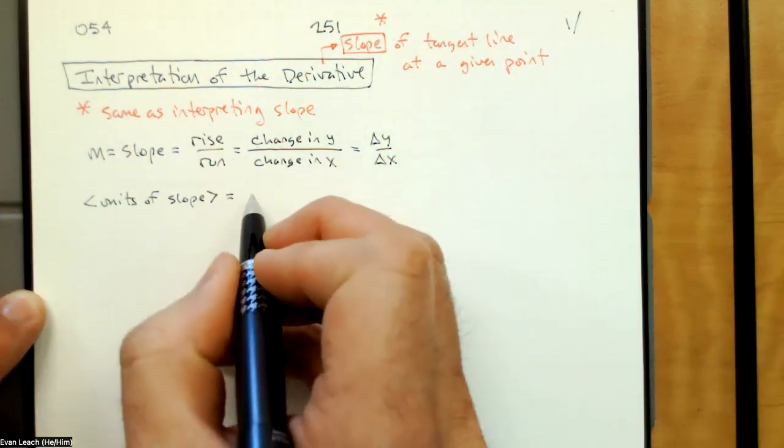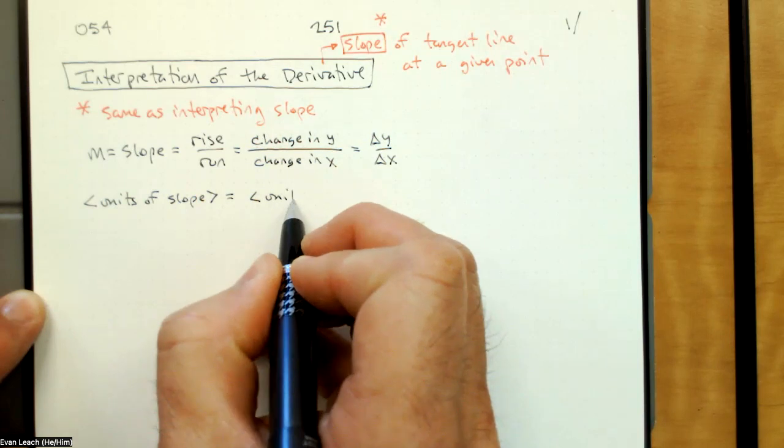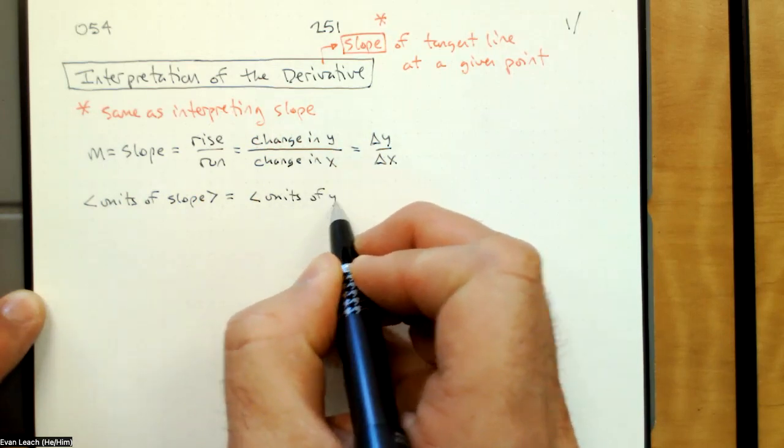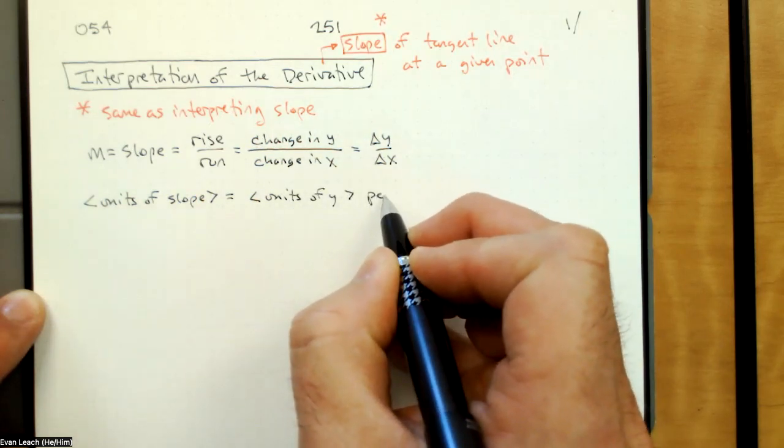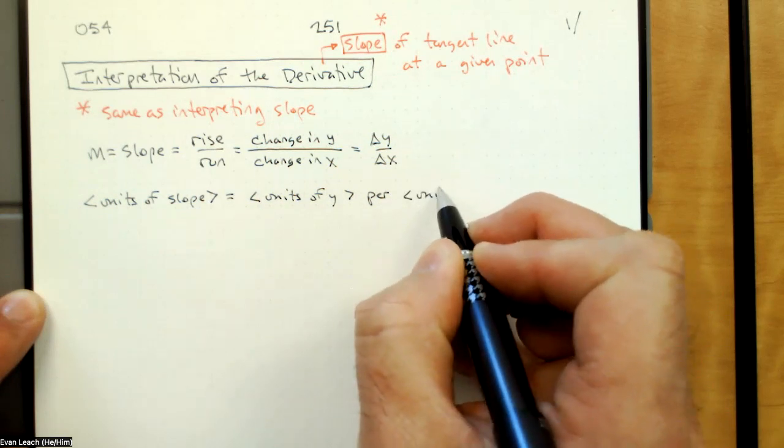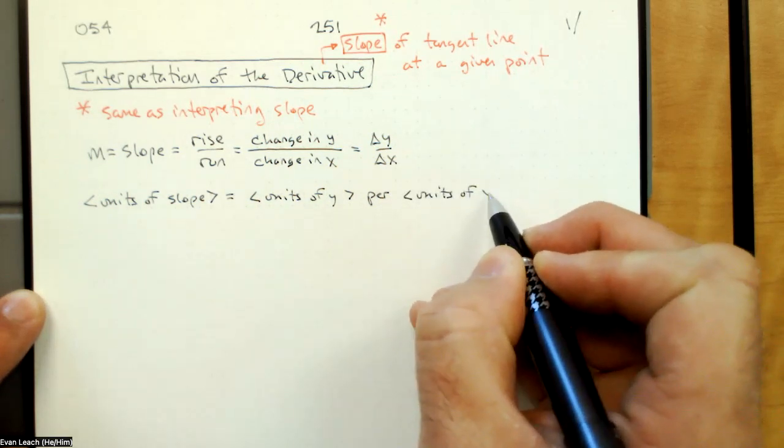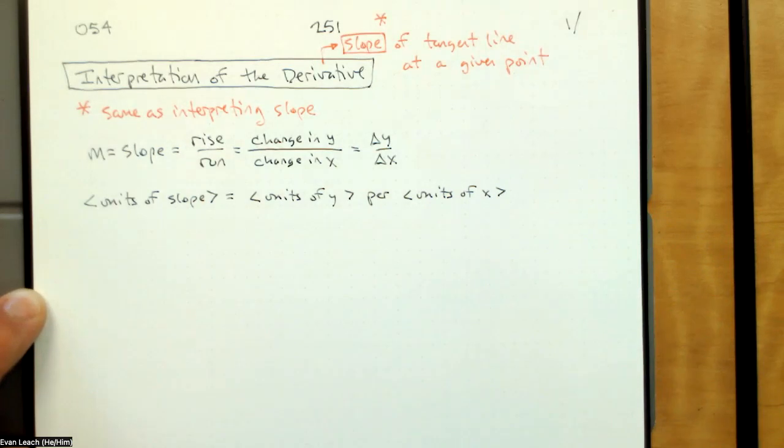So the units of the slope, we'll just take the units of y per the units of x. That's how we build the units of slope.